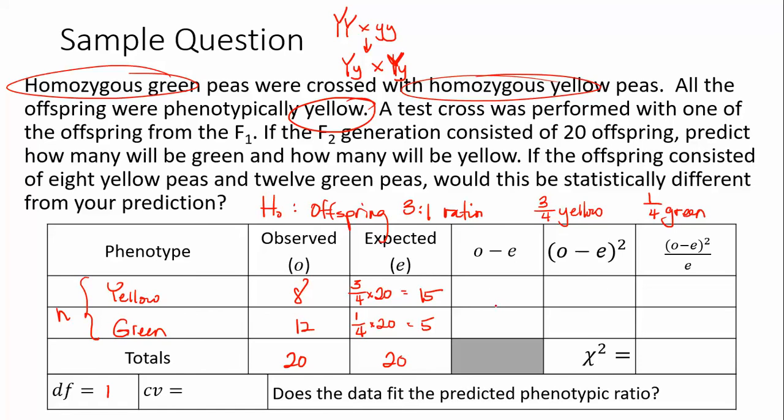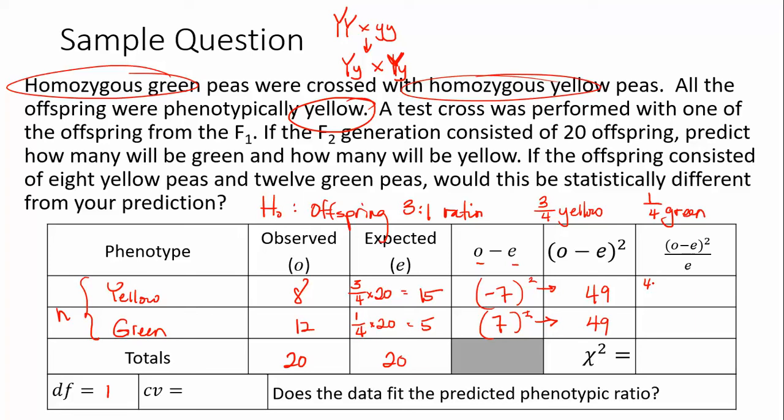Then we're just going to fill this in using this table. So our observed minus our expected at the top is -7. For green, it's +7. In the next column, I'm going to square these terms. And that's going to give me 49 and 49. Then I'm going to take this value of 49 and divide it by what I expected.